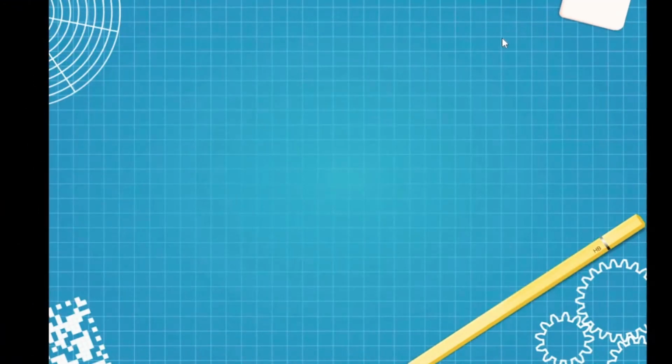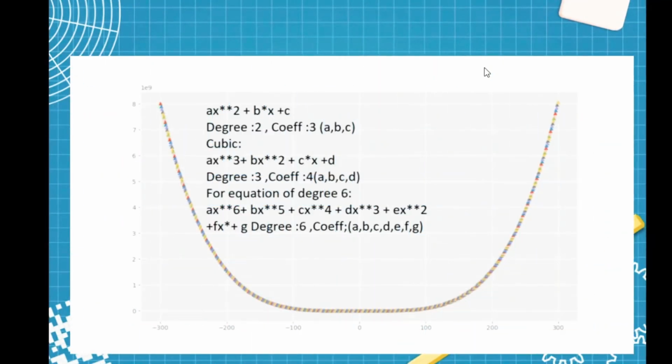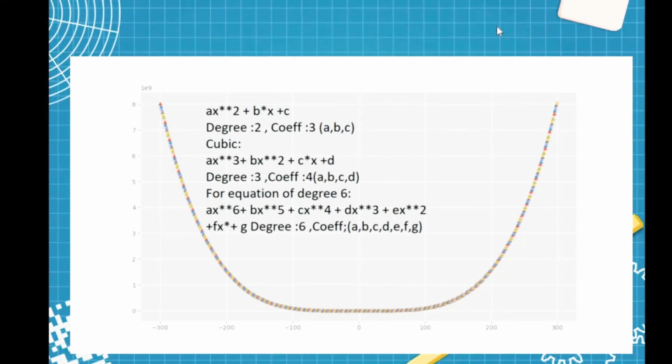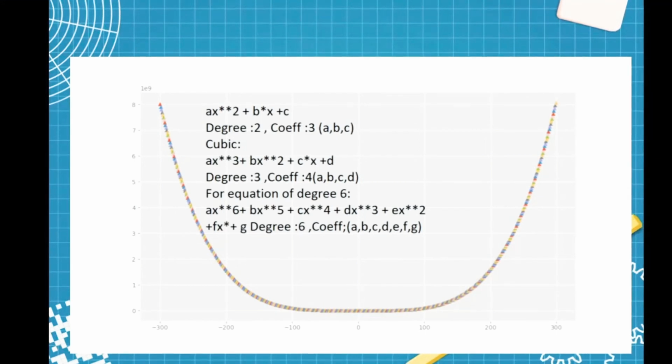Let me explain this concept. If we have ax square plus bx plus c, this is known as the quadratic equation that has degree 2. If we have an equation that has degree n, for that equation we have n plus 1 coefficients.